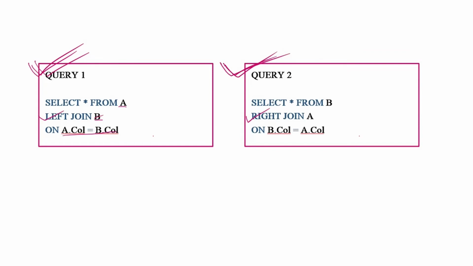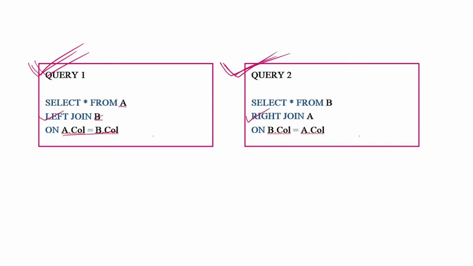You will be able to know the correct answer if you have understood the concept of left join and right join. If you have got the answer, then comment it down below and also justify your answer by stating the reason why you think the outputs will be the same or different. So pause the video and comment your answer below.